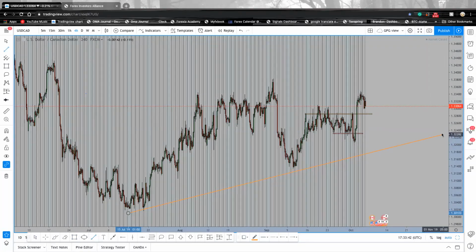I personally don't come to 4 hour to find the overall trend, but if you can't see the overall trend using a lower time frame, just come to 4 hour. But don't waste your time. Just draw these two, okay? And then draw the induction that you can see. So this is the induction I see.